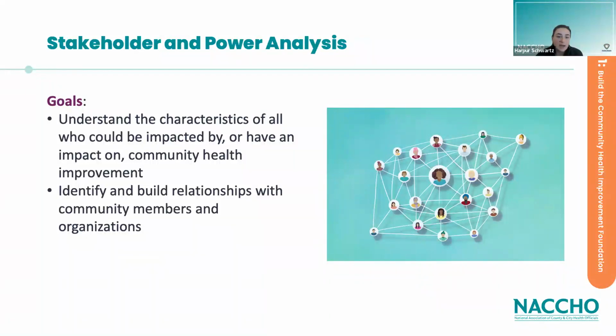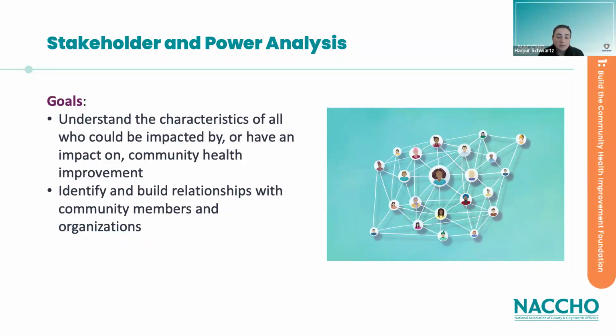Great, so now I'd like to highlight 2 of the key tools used in phase 1. The first is the stakeholder and power analysis. This is the very first step of MAPP 2.0. And the goals of this are to understand the characteristics of all who will be impacted by or could have an impact on the community health improvement efforts.